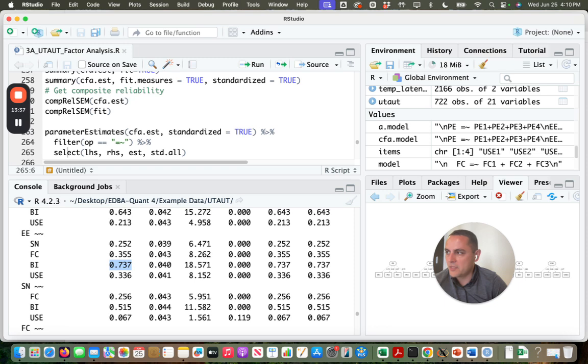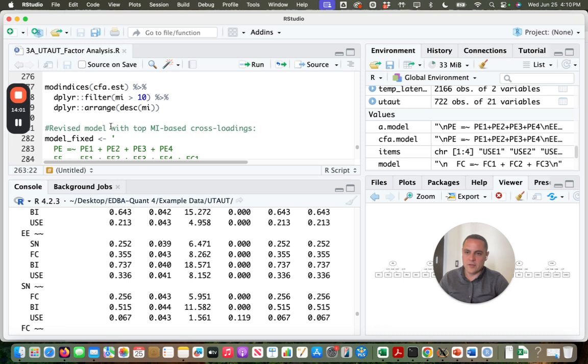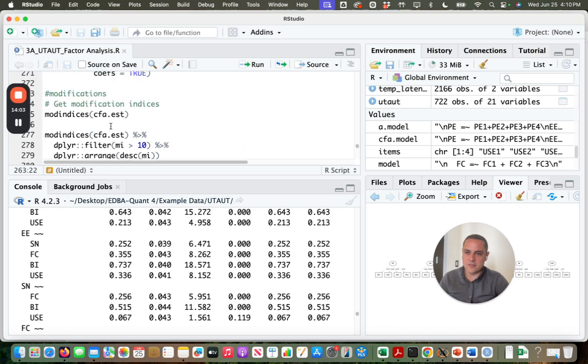So just to summarize, we looked at those fit measures. We seem to be okay-ish. And then we also looked at chi-square, and I mentioned it's sensitive to larger sample sizes. But let's go ahead and look at one last bit.